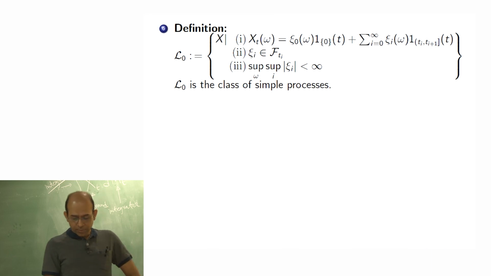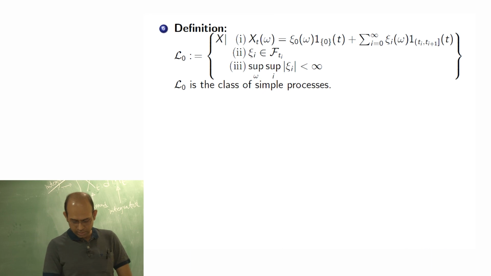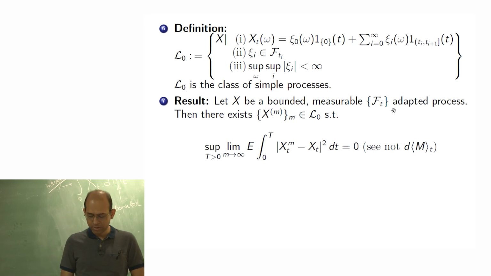In which sense and which way, we are going to describe in the following two slides. So, L0 is called the class of simple processes. We write down this result: let X be a bounded measurable F_t adapted process.